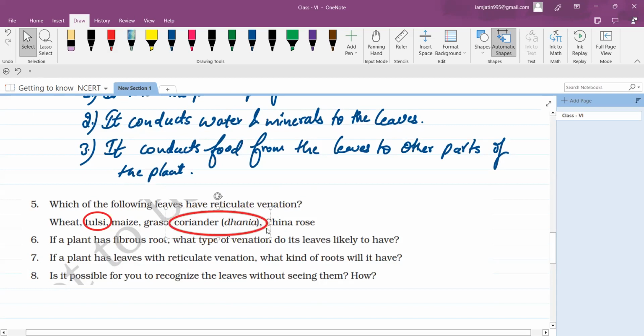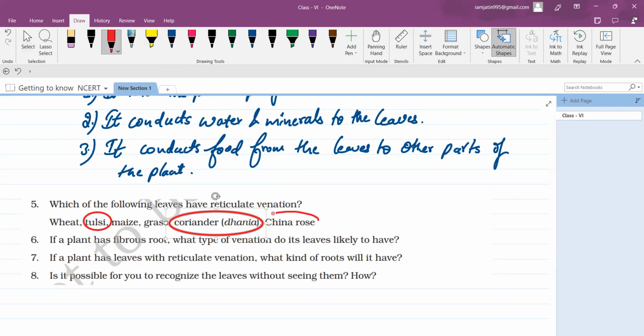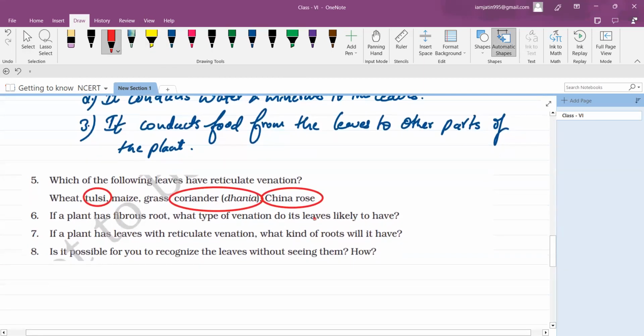And it is also shown by the China rose. So these three have reticulate venation. Is that clear to everyone?